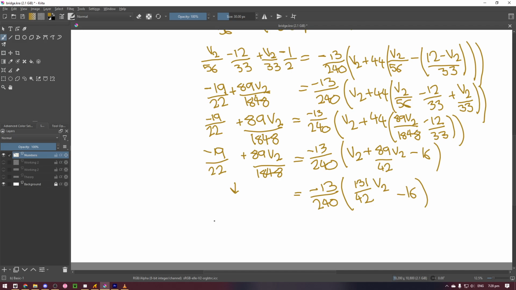And then finally expanding the bracket, we'll have minus 19 over 22 plus 89 V2 over 1848 equals minus 13 over 240 times 131 over 42, which is minus 1703 over 10080 V2 plus 13 over 240 minus 16, which is 13 over 15.